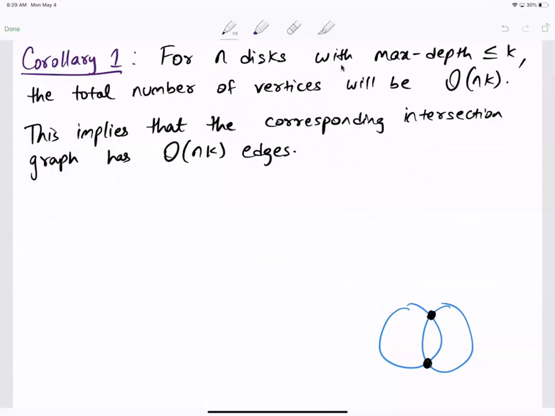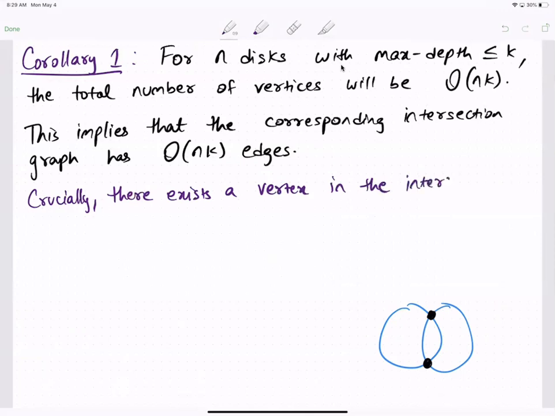So what we crucially need is the following fact. Crucially, what this implies is there exists a vertex in the intersection graph with degree order of k, because the number of edges is order of nk.